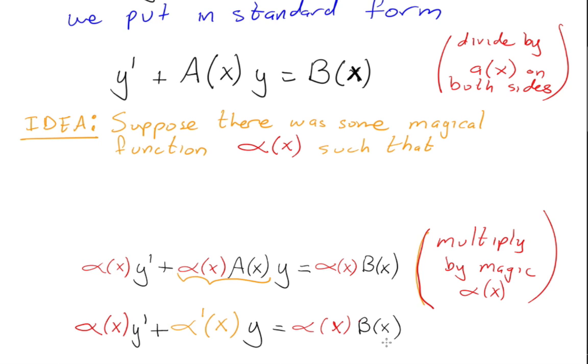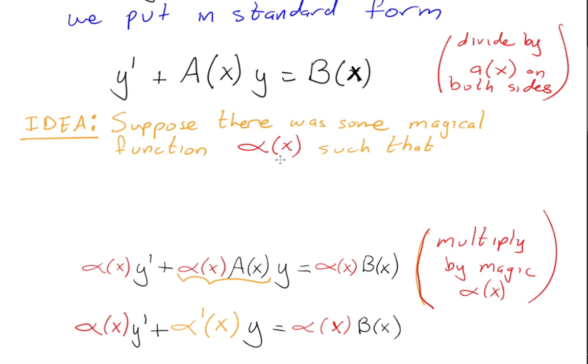Okay, so for the left side to be the product rule, then this magical function that we're just inventing right now, that we just made up, it has to have this property, right? That you have to be able to go from here to here. So that's why I left the blank here for the such that.